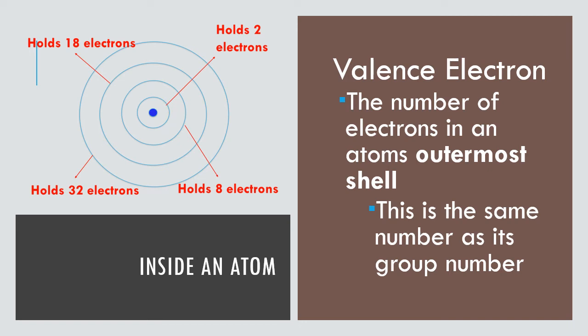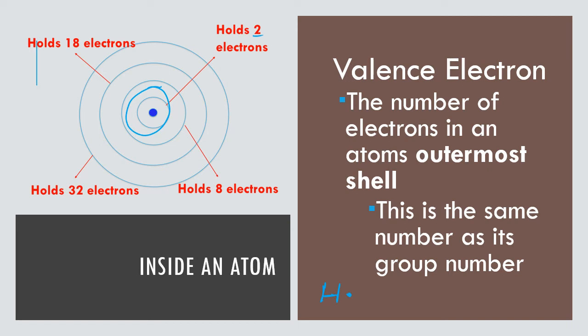In a way, you can kind of think about it like this. Let's say we have hydrogen, easiest one to explain, because hydrogen has 1 valence electron. And in order to be happy, because it only has 1 shell, it wants to have 2.